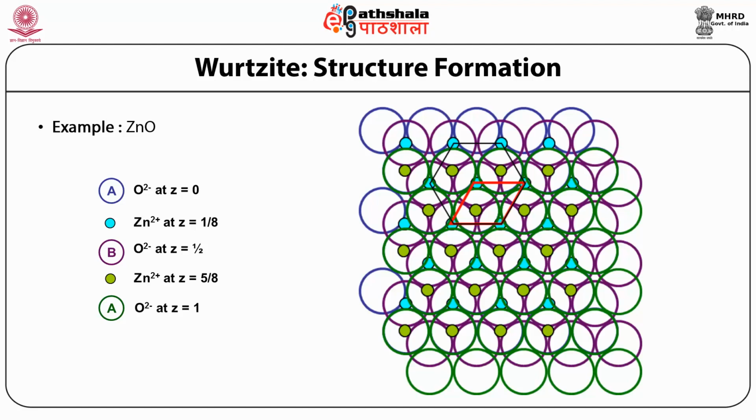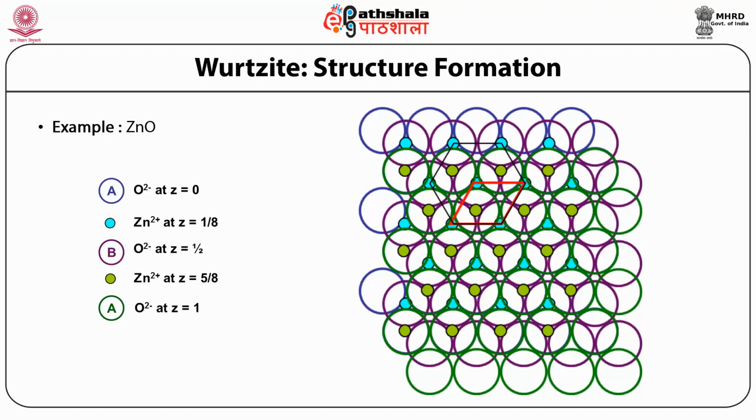The blue colored small atoms correspond to zinc, Zn2+, at Z equal to 1/8. Whereas the purple colored circles correspond to B-type atoms, corresponding to O2- at Z equal to half. The green colored small atoms correspond to Zn2+ atoms at Z equal to 5/8.